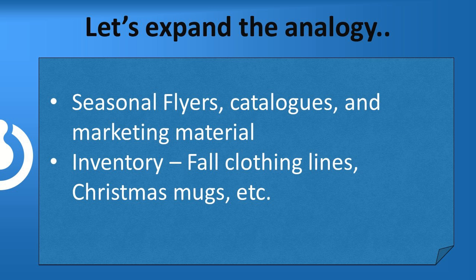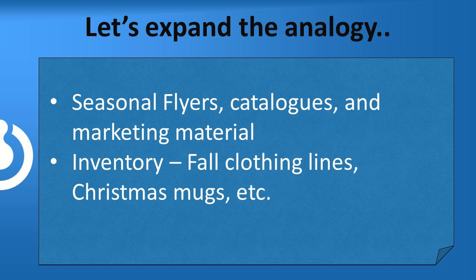Okay? And so taking that, let's expand the analogy a little bit more. And this is the last slide where I'll talk about retail, and we'll start getting into the actual hub details. So right now, my mailbox every day is filled with seasonal flyers, catalogs, and marketing material promoting Christmas campaigns for every kind of store there is.